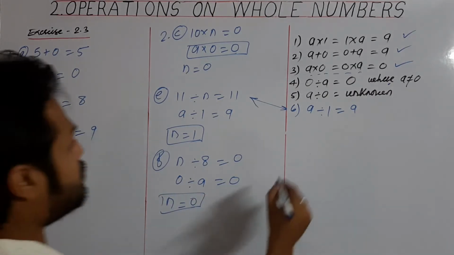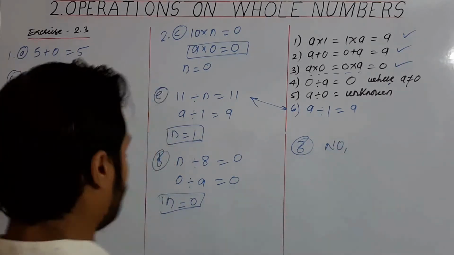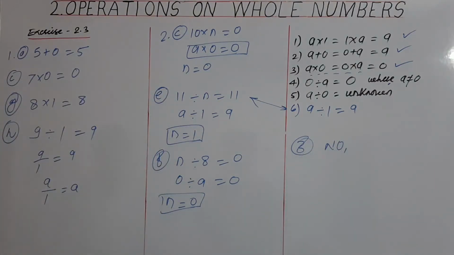Next problem, third problem. Can you divide 0 by 0? No. It is impossible to divide 0 by 0, or you can say it is impossible to divide a number by 0. So the answer is no.